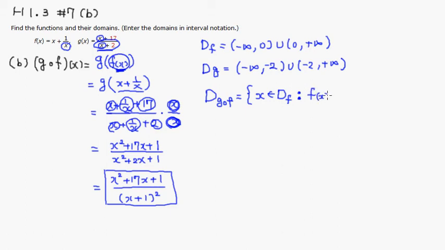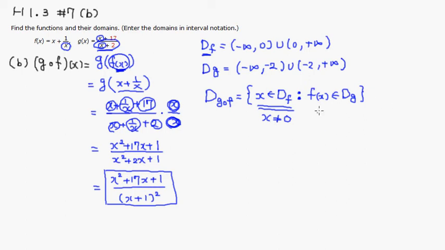But what does that mean? Let's look at this part. x is in the domain of f simply means that x cannot be equal to 0. So 0 is excluded from the domain.